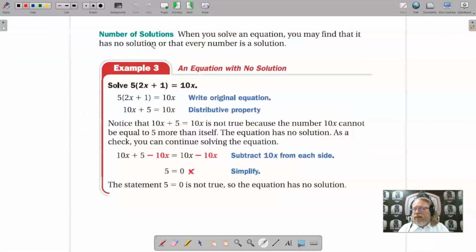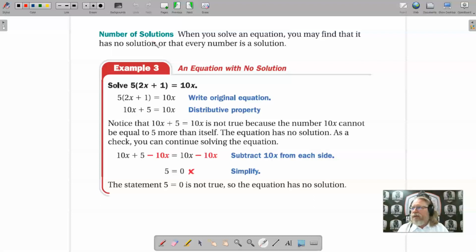Number of solutions. So we're going to talk about the number of solutions that there are to an equation. So far, everything we've been doing has just one solution. We solve it, and there's just one number, x equals 5, m equals negative 12, whatever, right? So now we're going to investigate that there could possibly be an infinite number of solutions, or maybe there's no solution at all.